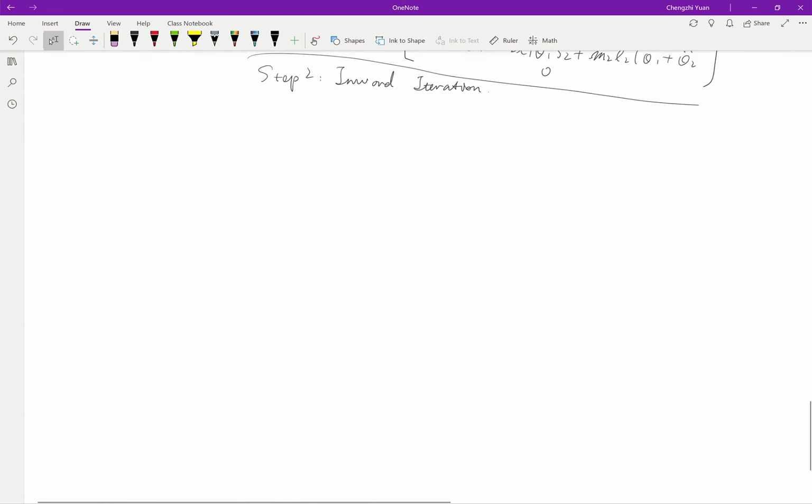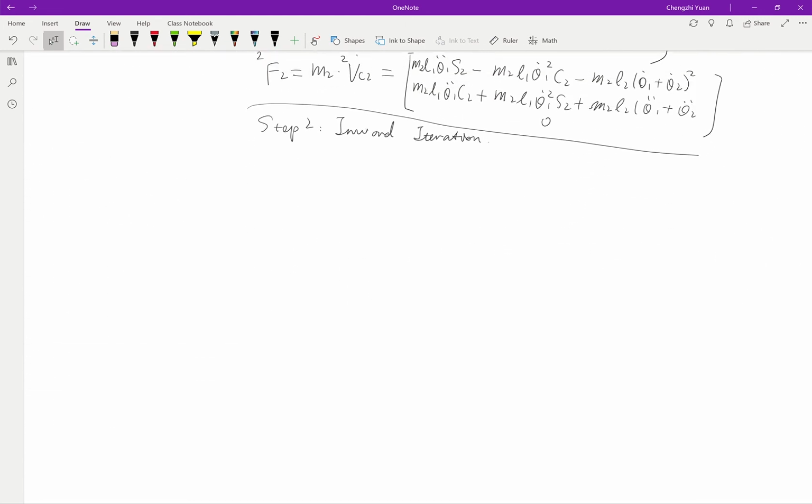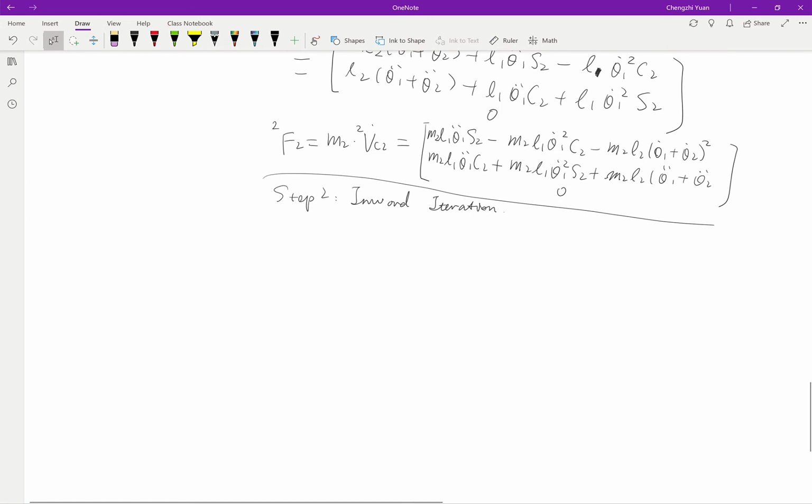We'll start from the tip point and go back to the base frame. The reason is that the tip point force will always be given. It's F33.